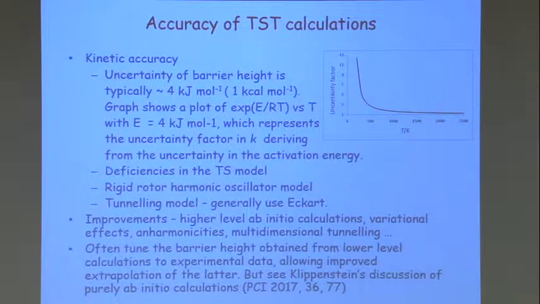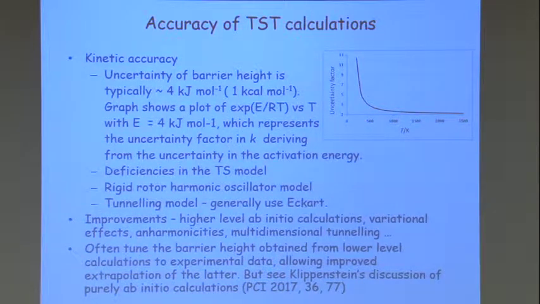There can be deficiencies in the transition state theory model. I showed you that OH plus DME, and it's really quite difficult to deal with those 3 related apparent transition states, and that can lead to errors. The rigid rotor harmonic oscillator model may not be appropriate, and the tunneling model may not be as accurate as it should be.